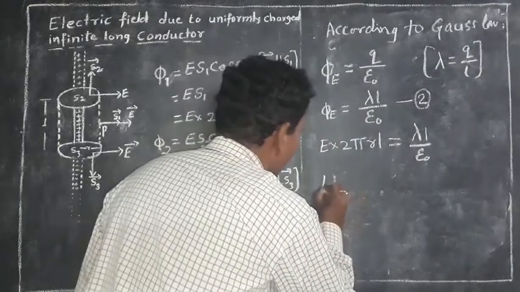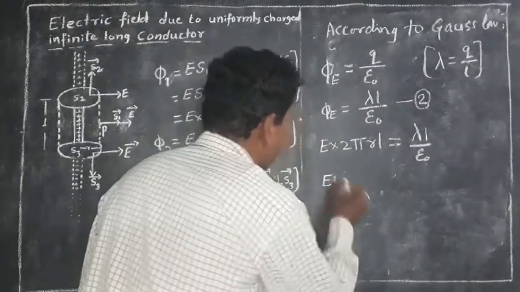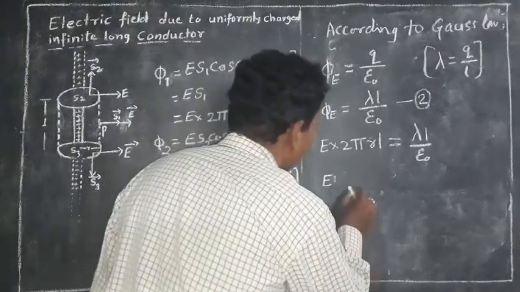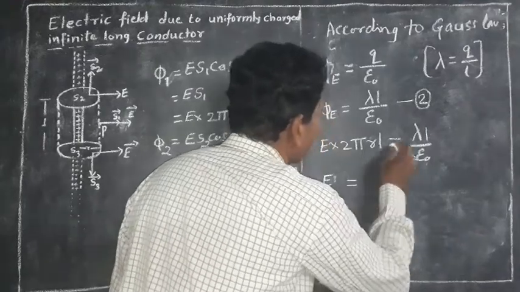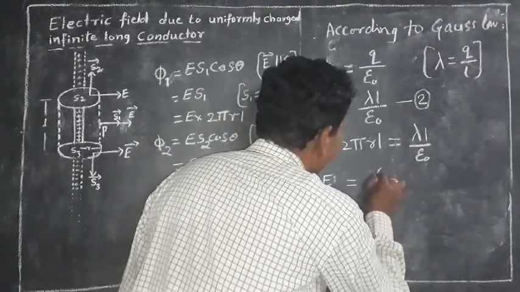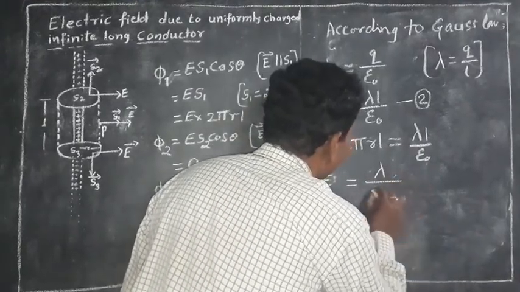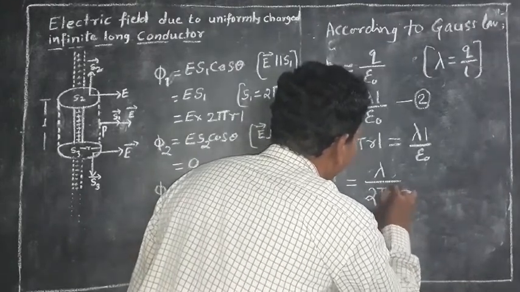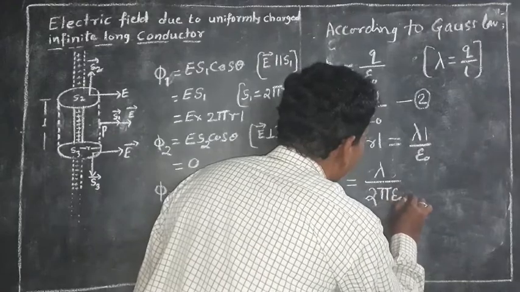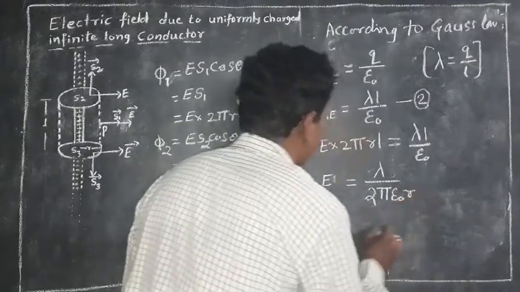Therefore, the electric intensity at any point P at a distance r is E equal to, L getting cancelled, lambda upon 2 pi epsilon naught into r.